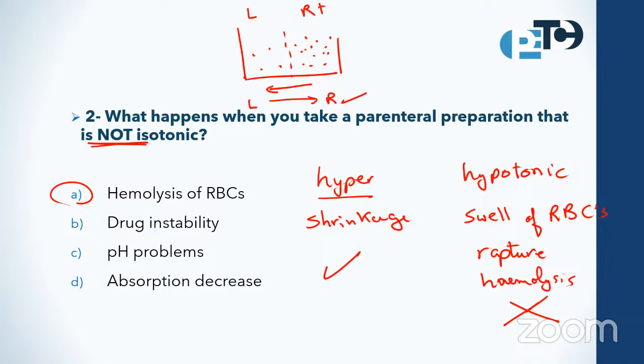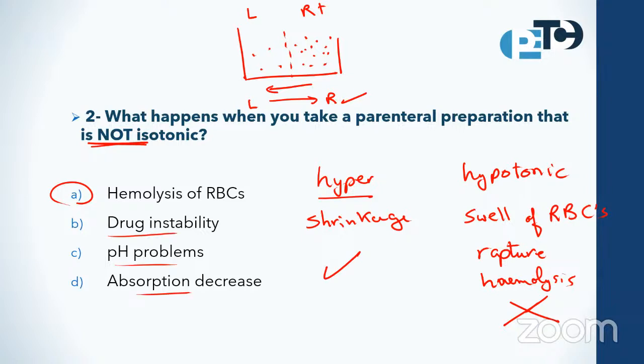Doctor, here's my question. Yes, please. Your question states what happens when you take a parenteral preparation that is not isotonic. So it is not mentioned here whether it is hyper or hypotonic. So how can we conclude that it will lead to hemolysis? Let us see the other choices here. He didn't mention whether it is hypo or hyper.